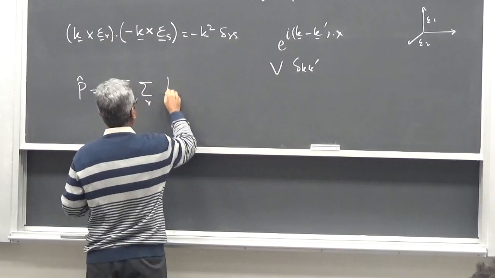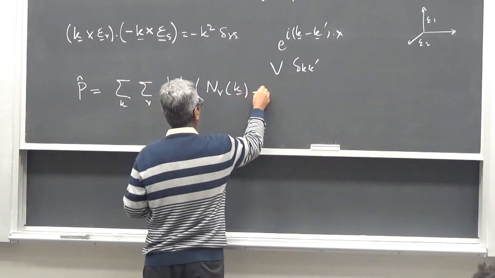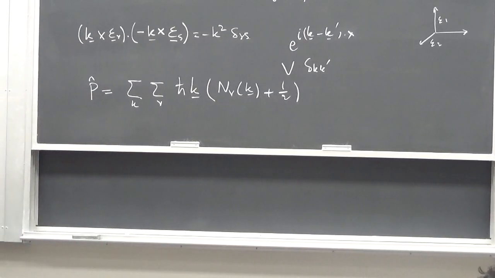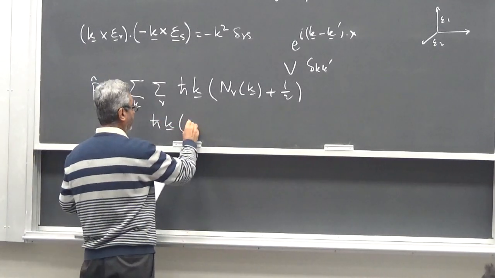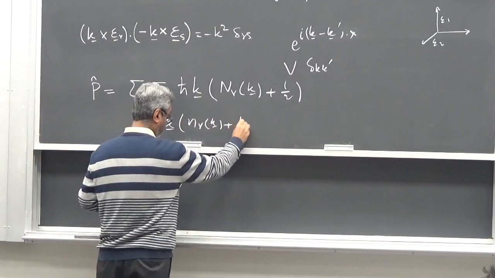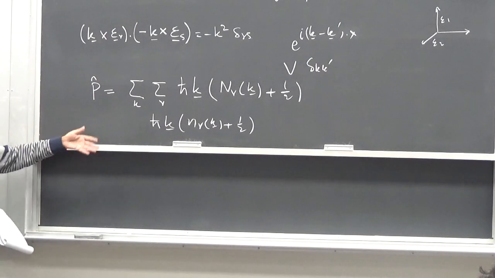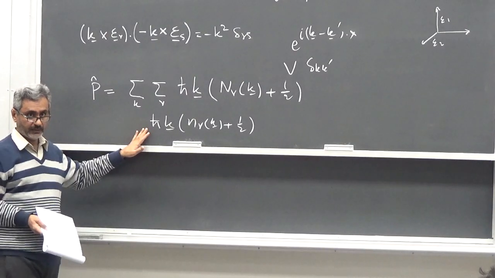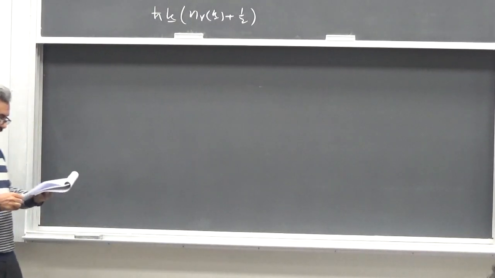This is the momentum operator, H cut K and N R K plus R. And the eigenvalues here are going to be again H cut K, N R K plus R. Just writing this so that you know formally that the field carries momentum as well, right? And so, questions here?